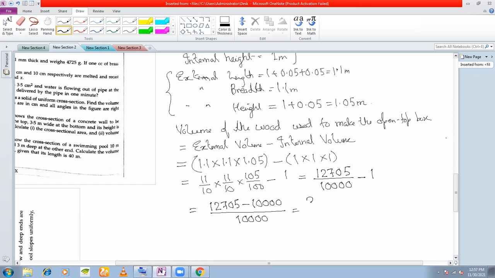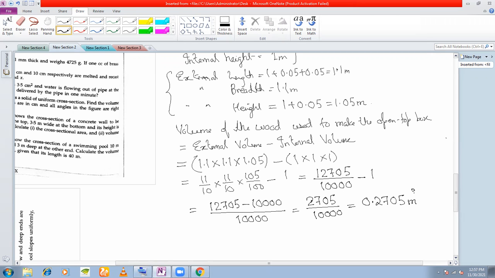So you get 2705 by 10,000, which is equal to 0.2705. Okay, this is the volume of the wood.